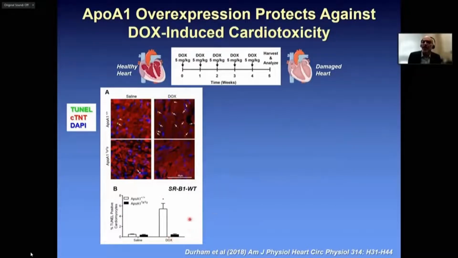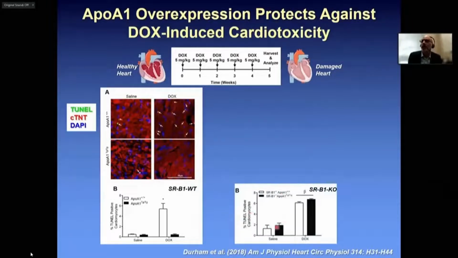When she did the same experiment in ApoA1 transgenic mice or mice with normal levels of ApoA1, but which lacked SRB1, she saw that although doxorubicin increased apoptosis in these mice, ApoA1 overexpression was unable to protect them against this increase.